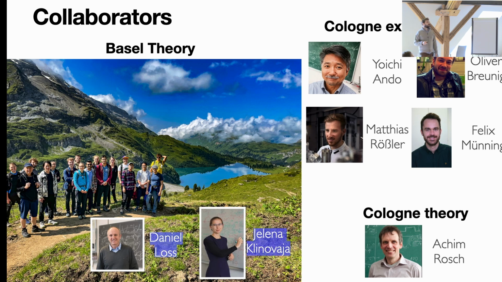And from the Cologne side, the first stories I told you about with these VLS nanowires were mostly Felix and Oliver. The magnetochiral anisotropy measurements were done by Matthias, and all of this is within the group of Yoichi. A lot of this work was started with my PhD supervisor, Achim Rosch, who's also in Cologne.